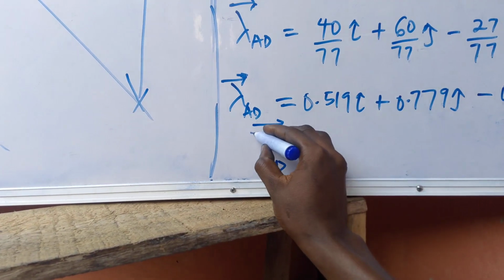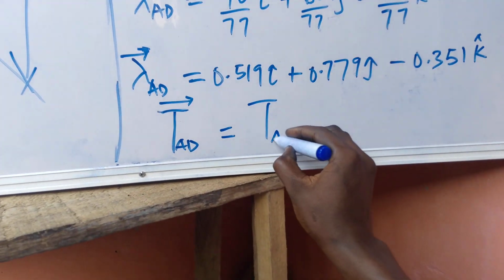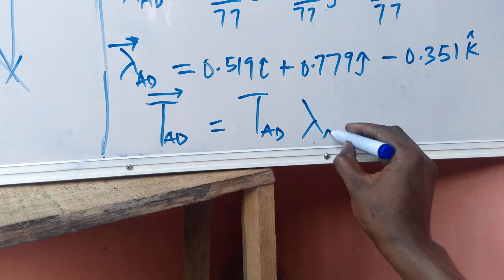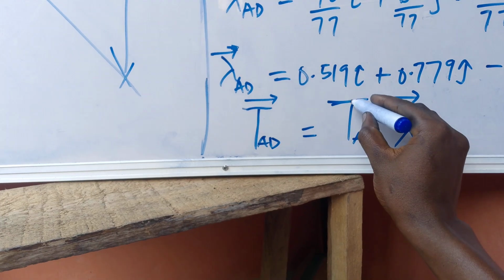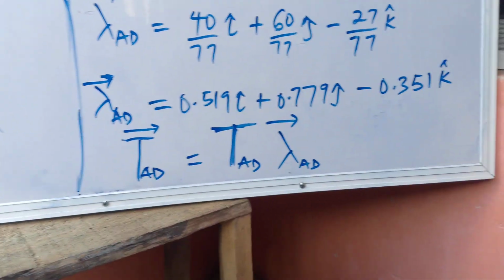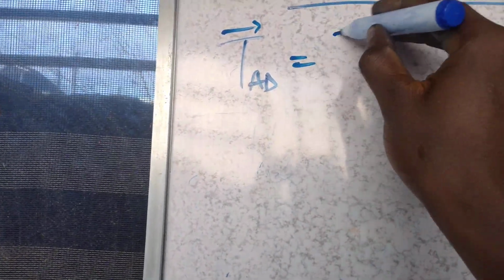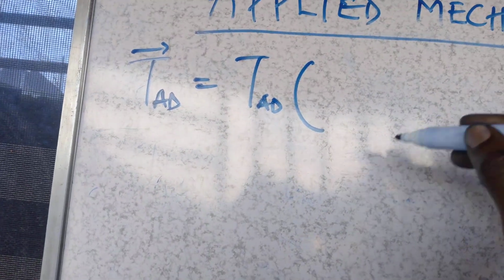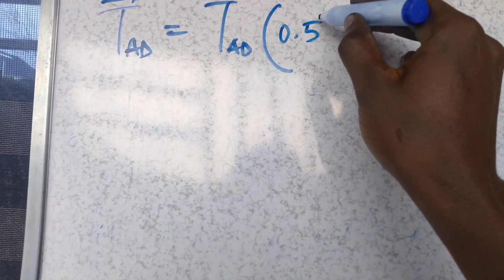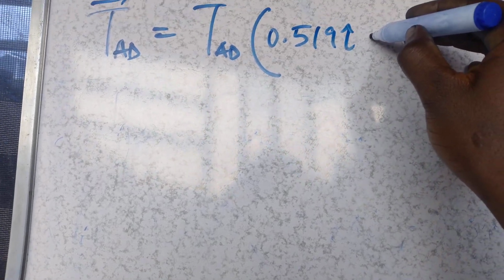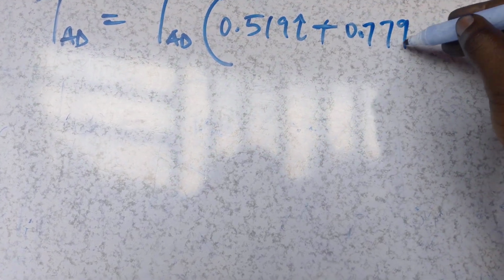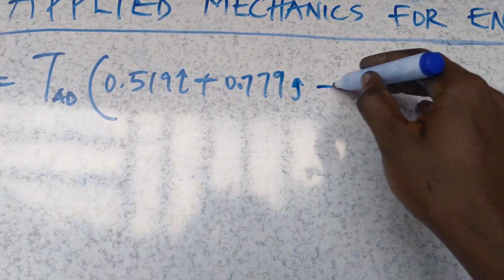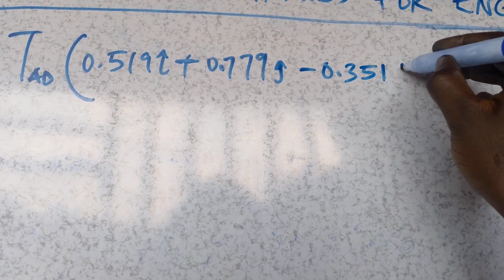The vector force TAD will be equal to force TAD times lambda AD. So the vector TAD equals TAD times lambda AD, which is 0.519i plus 0.779j minus 0.351k.